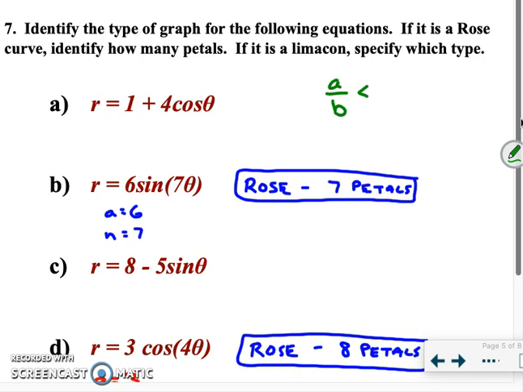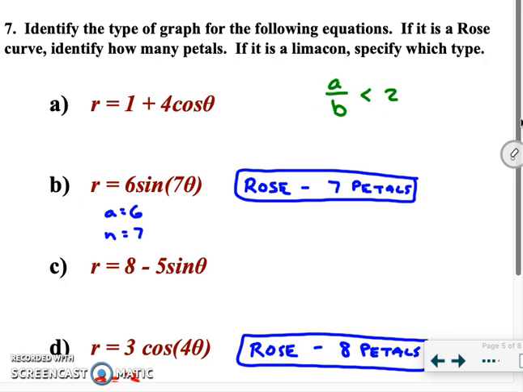So if A over B is less than 1, we know that this is going to be a limacon with the inner loop. Whereas if A over B is equal to 1, then that's going to lead to a cardioid. If A over B is greater than 1 but less than 2, then we're going to say that we have the dimpled limacon.